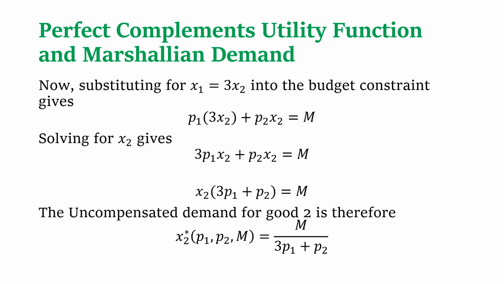It also has an inverse relationship with its own price, which is P2, and the price of the other good is P1, because we are dealing with good 2 here.